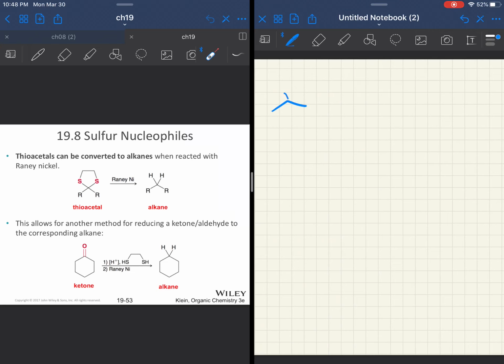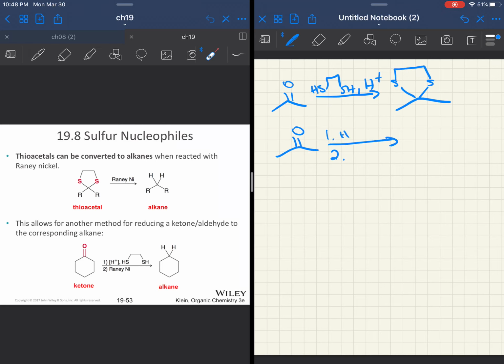I expect you to know that if I ask you for just step 1, if all I showed you was this guy here, that I expect to see the cyclic thioacetal. If I put them together, and I have the 1 and the 2 step, where you've got the Raney nickel now, then I would expect you to go all the way to that final reduction.